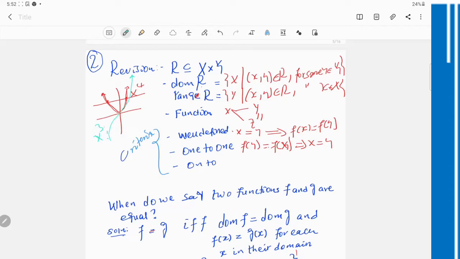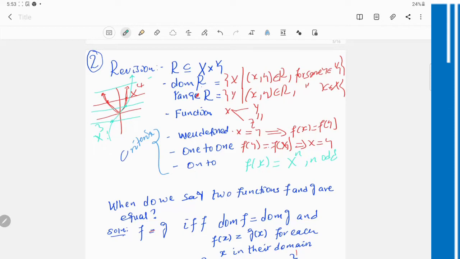As you see, if you draw any horizontal line here, the horizontal line crosses the graph at exactly one point. So we say this is a one-to-one function. In general, a polynomial f of x equals x to the power of n, where n is odd, is an example of a one-to-one function.